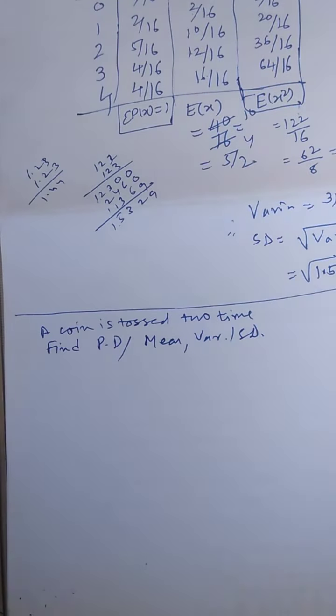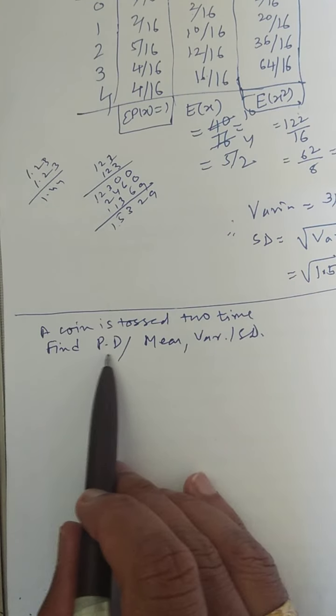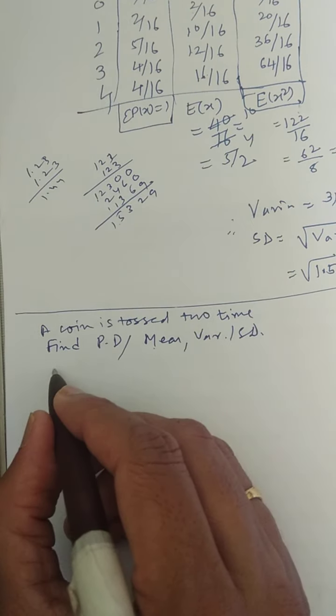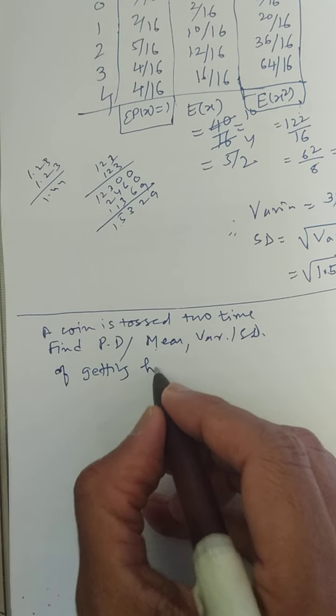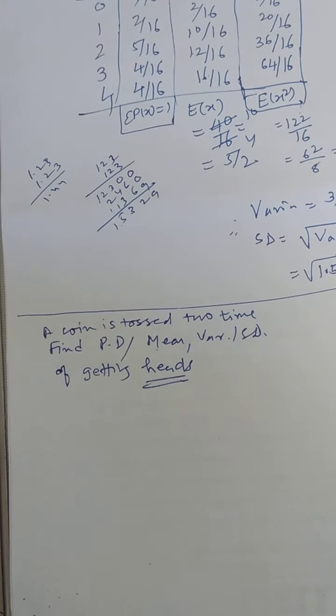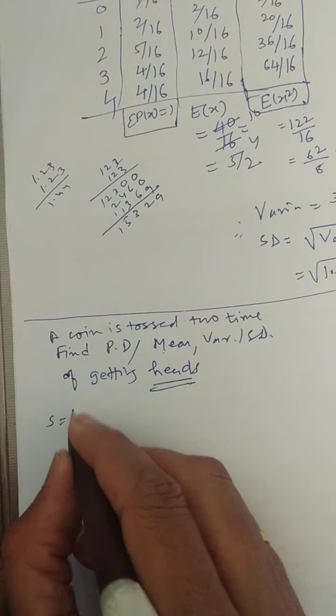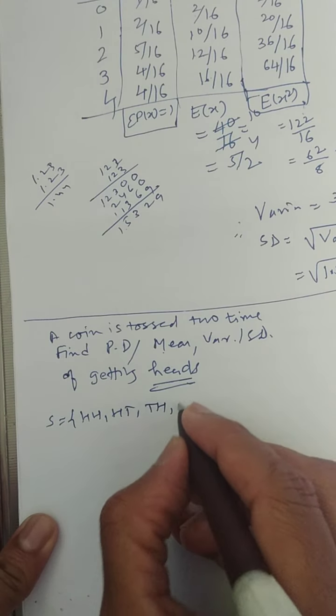Now, while approaching this question, a coin is tossed 2 times. Find the probability distribution, mean, variance and standard deviation of getting heads. Now try to recall, if a coin is tossed 2 times, then the sample space will be like this: HH, HT, TH, TT.